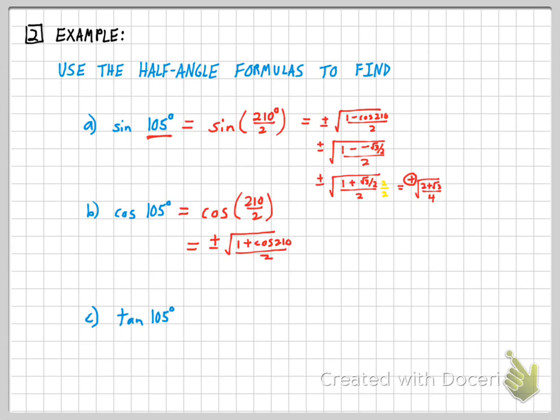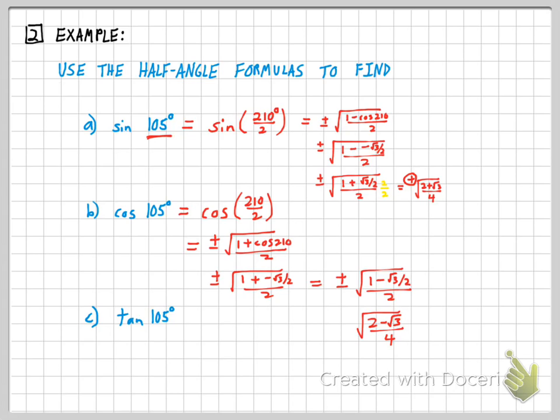That's going to be plus or minus the square root of 1 plus negative root 3 over 2 all over 2. And that ends up being plus or minus the square root of 1 minus root 3 all over 2, and square root of 2 minus root 3 all over 4.